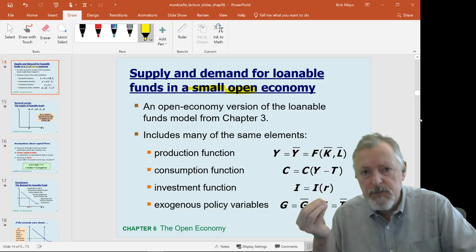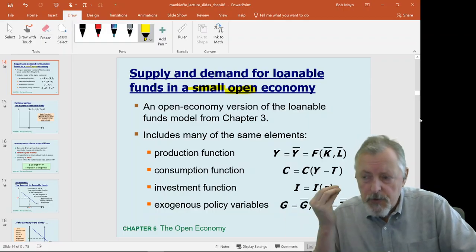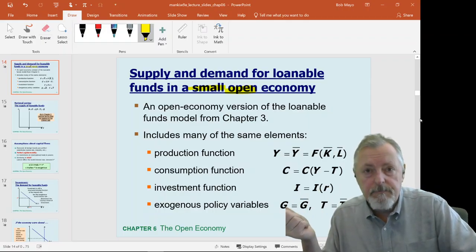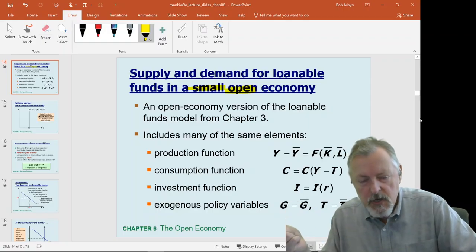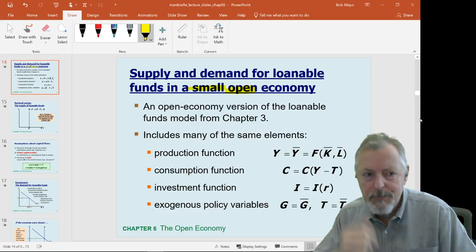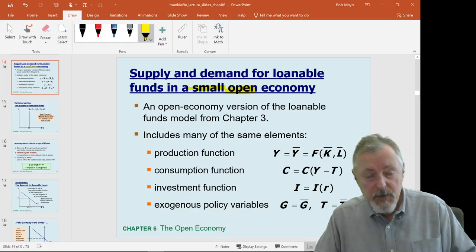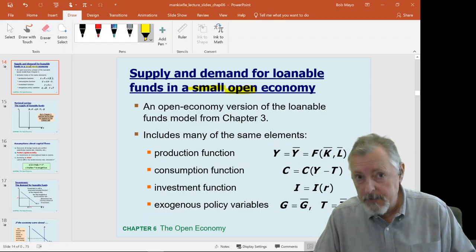In this context, small means no market power. This is a country where no matter what they do domestically, it will not change the world equilibrium for anything. It's like you going to the grocery store. Nothing you do is going to change the price of a can of corn on the world markets.